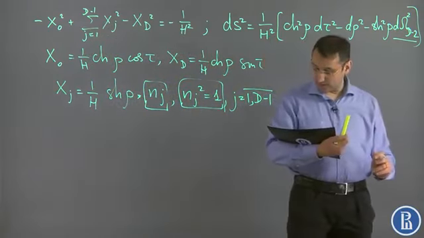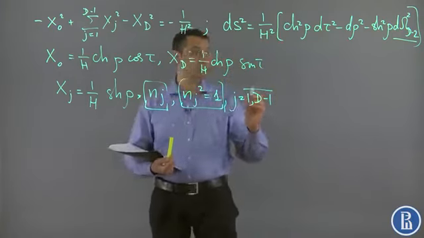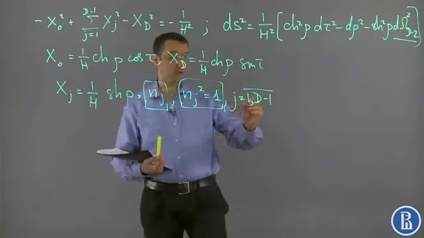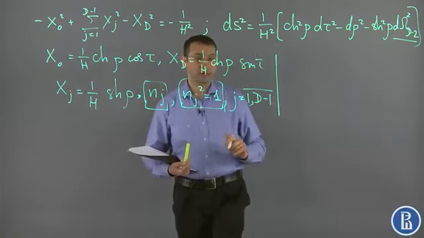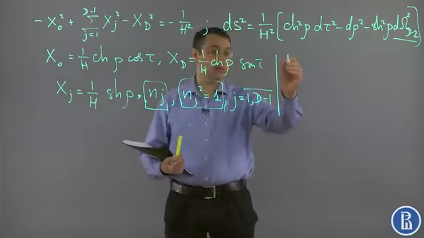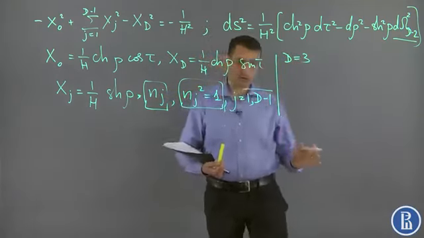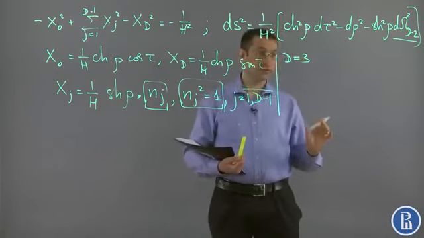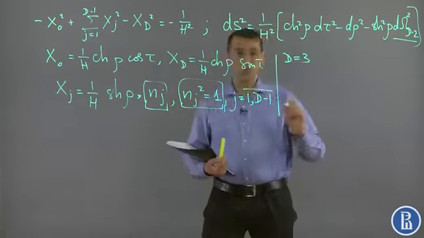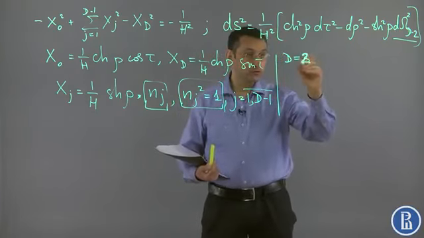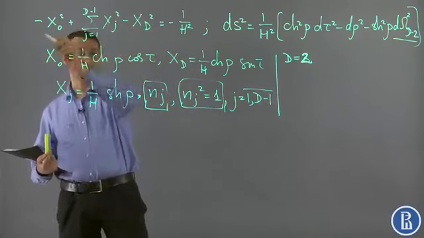One comment that is important to say here is the following: if we are dealing with d equals 2, two-dimensional anti-de Sitter space, because here we have d plus 1 coordinates, of course.